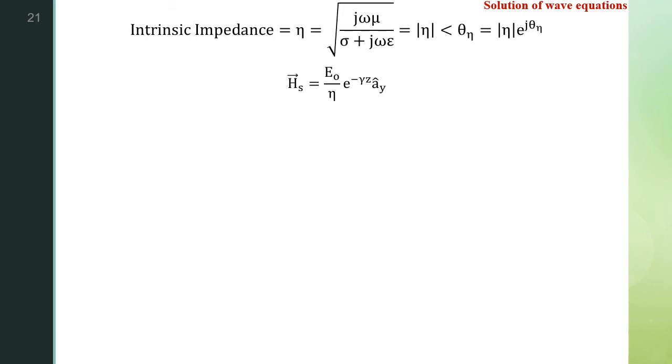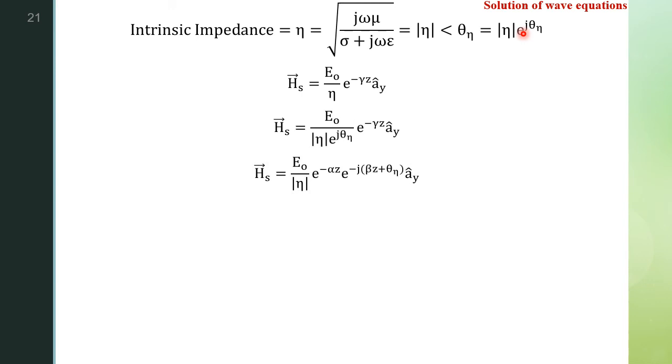Now, when you consider the impedance eta, the root of j omega mu by sigma plus j omega epsilon, it has a magnitude and an angle, since impedance is a complex quantity. It can be represented as magnitude of eta e raised to j theta eta.